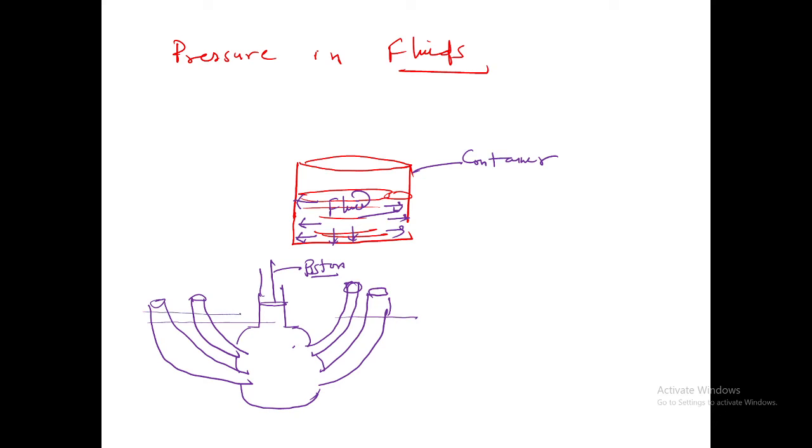When the piston is here, the situation will be like this. When we press it downward, in all cases the height of the liquid in all the pipes will be the same.